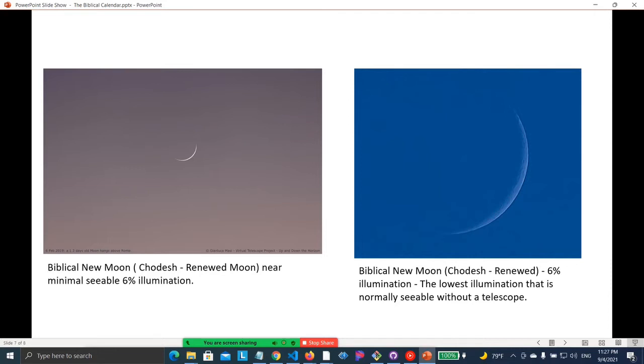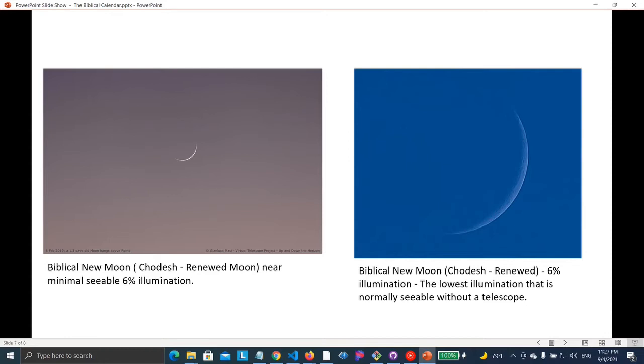Those were closest with the telescope. Here's the first one, in a cloudless sky, no haze or anything. You can barely see the line, and that's at 6%. That's what 6% illumination looks like if you're out there looking. Of course, you have to have at least 20/20 vision, or you're not going to see it, but someone with normal vision will be able to see it.